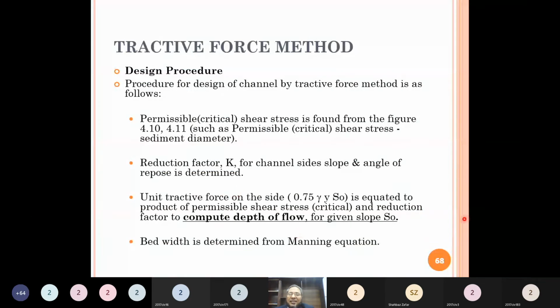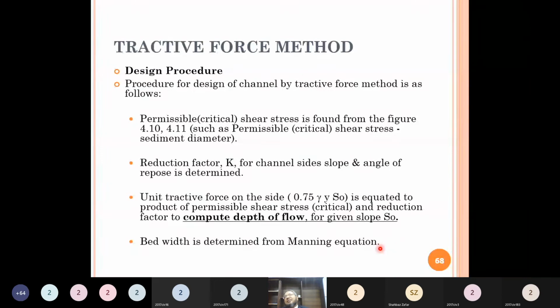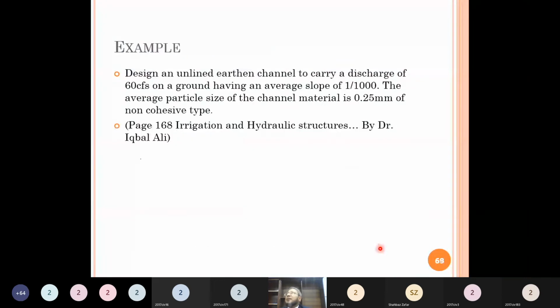Okay, for a given S naught. Now the bed width is determined from Manning's equation, and this is how we can design a channel using tractive force method. And then there is an example on page 168 in our textbook.